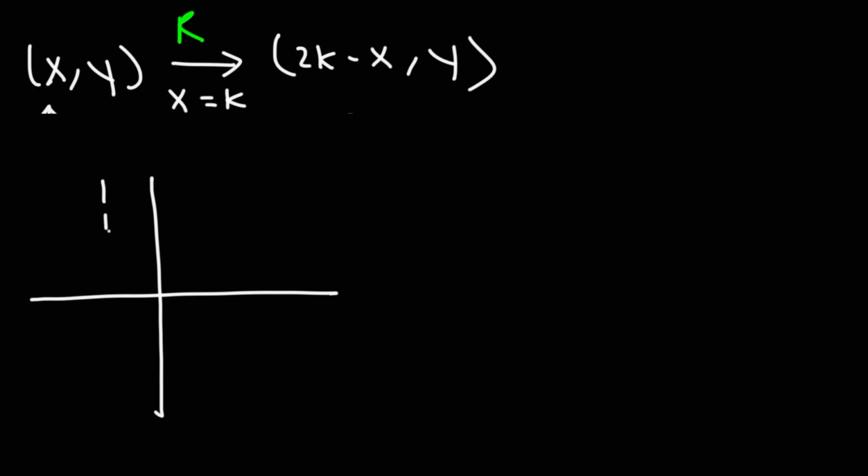So let's say we want to reflect across the line x equals -2.